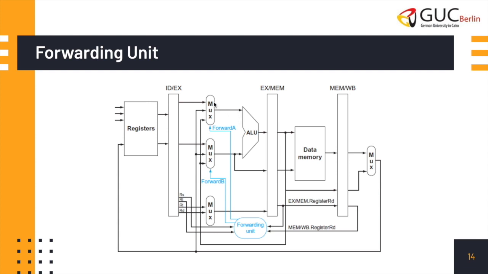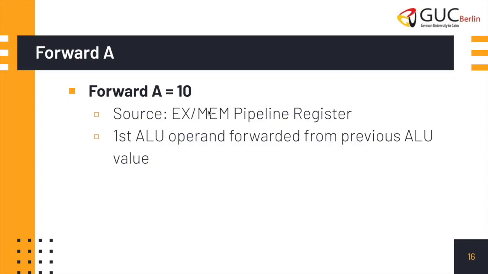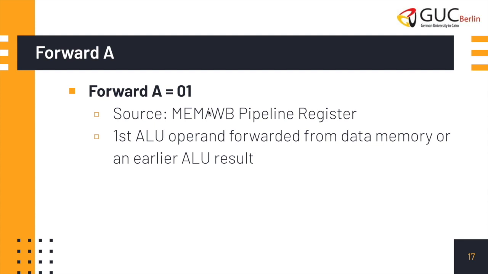So the first one is 0, 0. The last one is 1, 0. So it makes sense the one in the middle will definitely be 0, 1. That's why if forward A is 0, 1, the source will be the mem/write back pipeline register.